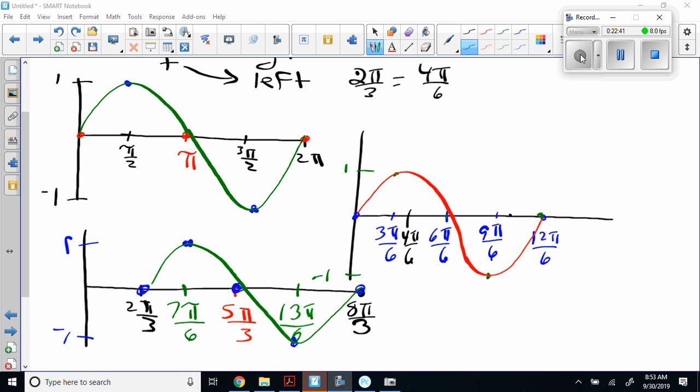This one becomes 10 pi over 6. This one becomes 16 pi over 6. Now, 3 pi over 6, move it 4 spots, and I'm at 7, right? 7 pi over 6. I'm at 9, move it 4, I'm at what? 13 pi over 6.